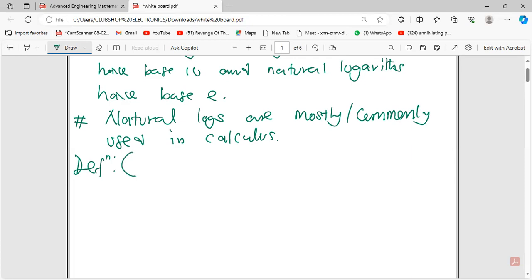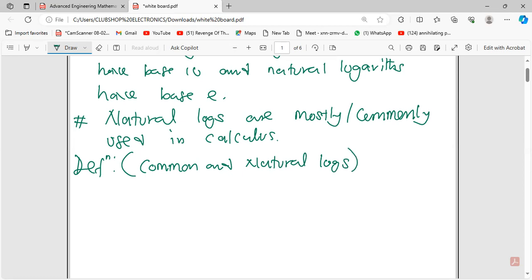Definition of common and natural logs. Okay, what is our definition?